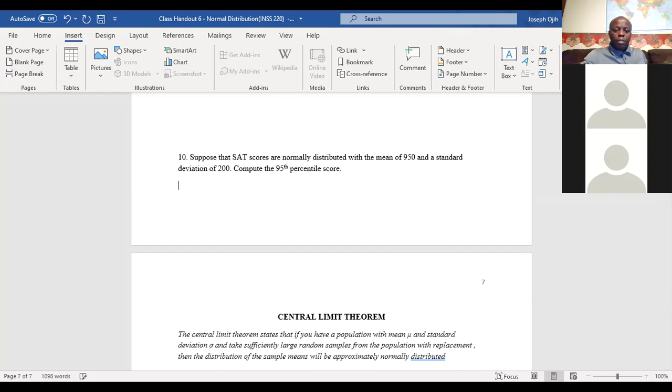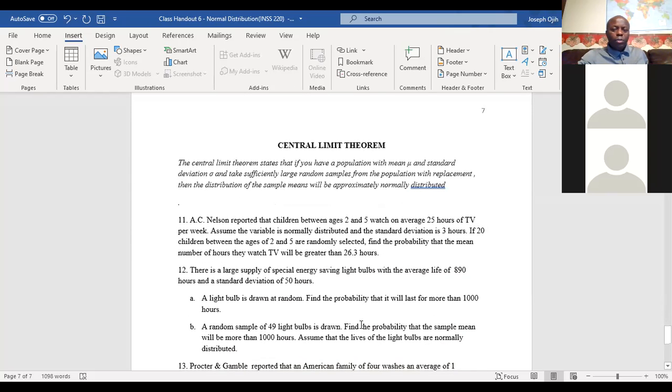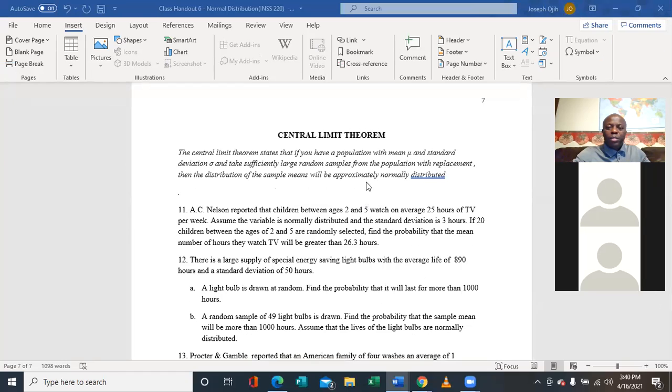No question. Now, let us round up this by normal distribution by looking at the central limit theorem. What the central limit theorem is saying is that as the sample size increases without limit, the shape of the distribution becomes normal.